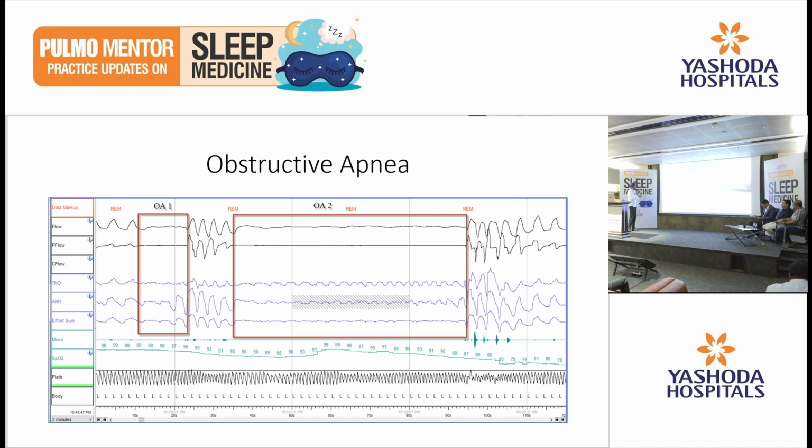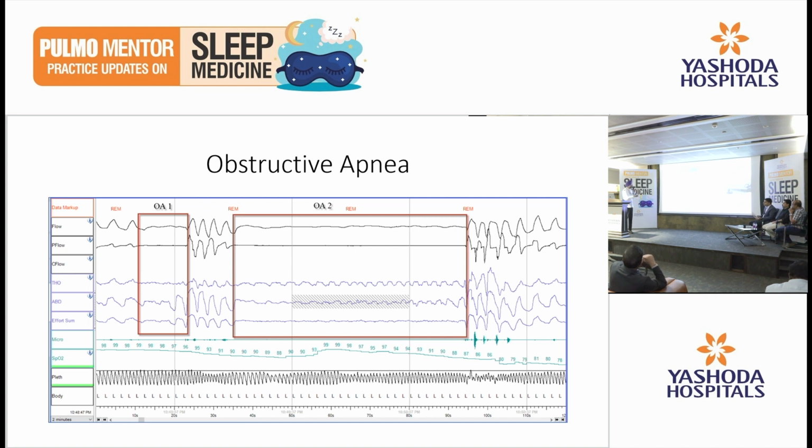So this is my thermal channel, and my airflow has almost flattened. That is a 90% drop in amplitude. This epoch is 2 minutes in duration. So this is 30 seconds, this is 30 seconds, this is 30 seconds, this is 30 seconds. So this flow absence is lasting for almost a minute, a 90% drop in amplitude.